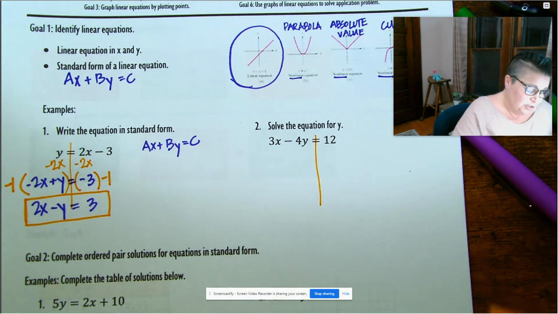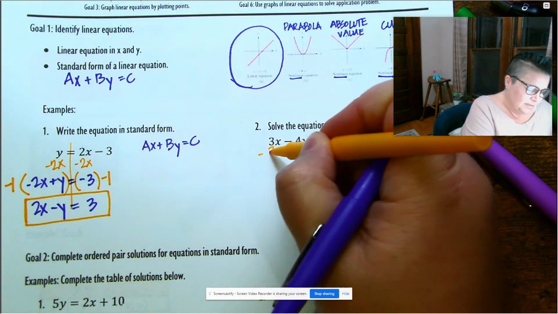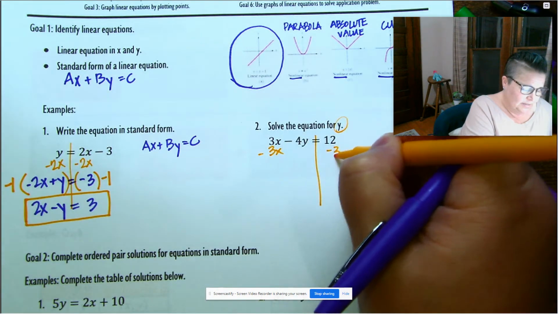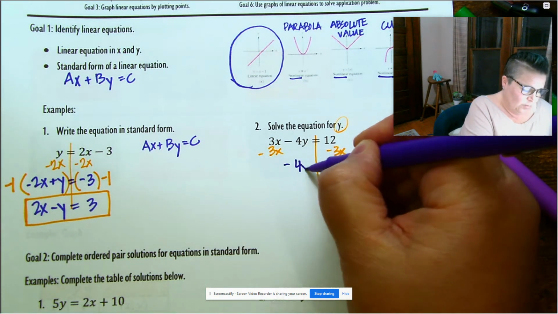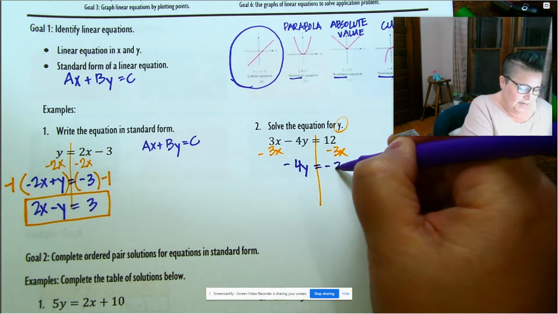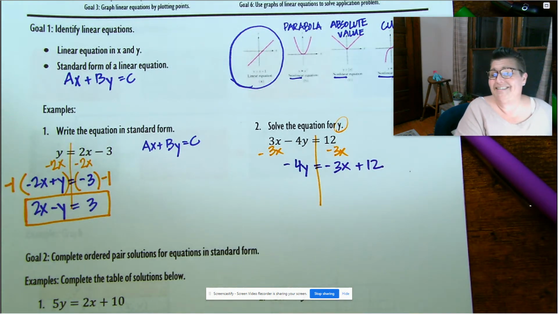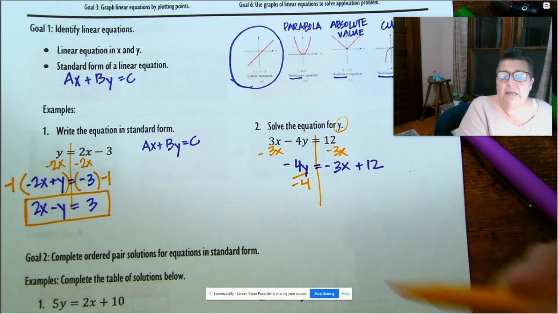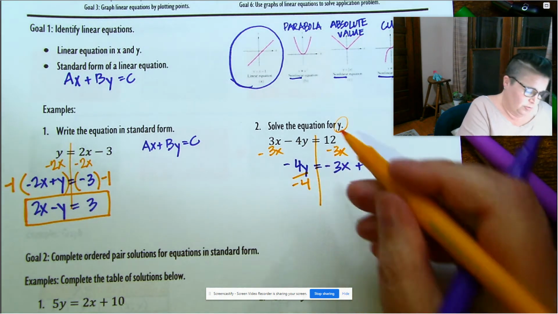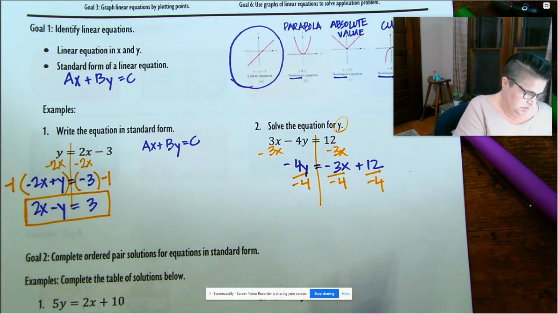So in order to do that, in order to isolate this equation for y, I'm going to subtract 3x from both sides. That's going to give me a negative 4y is equal to a negative 3x plus 12. The y is still not isolated, so I'm going to divide it by a negative 4. And if I do that to one term, I have to do that to all terms, negative 4, negative 4.